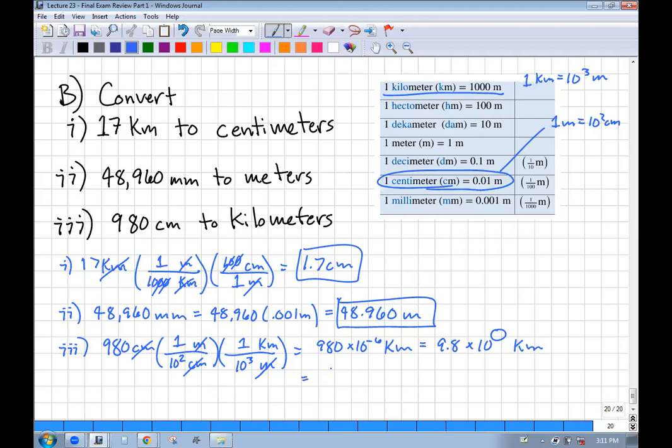And in order to, I always do this. This is, let's see, 980 is 9.8 times 10 squared, right? 1, 2, right? I move the decimal 1, 2, that would give me 9.8, and then I'd have a 10 to the minus 6.